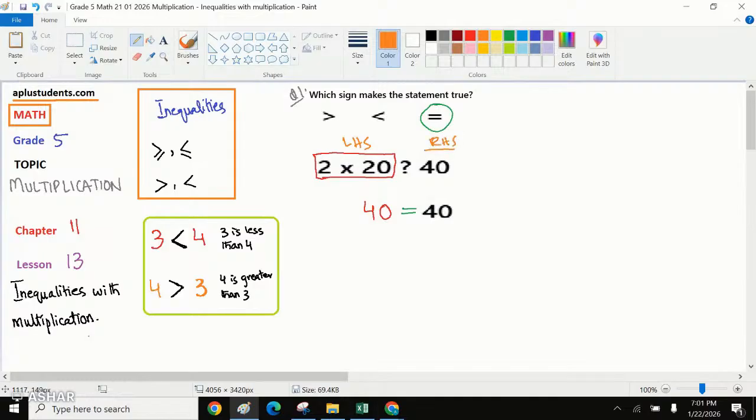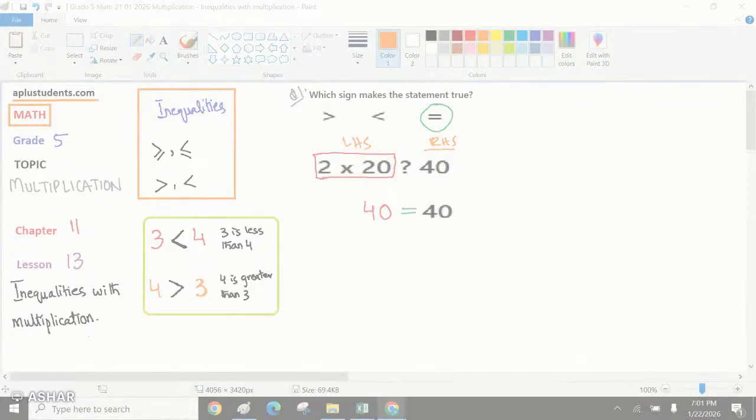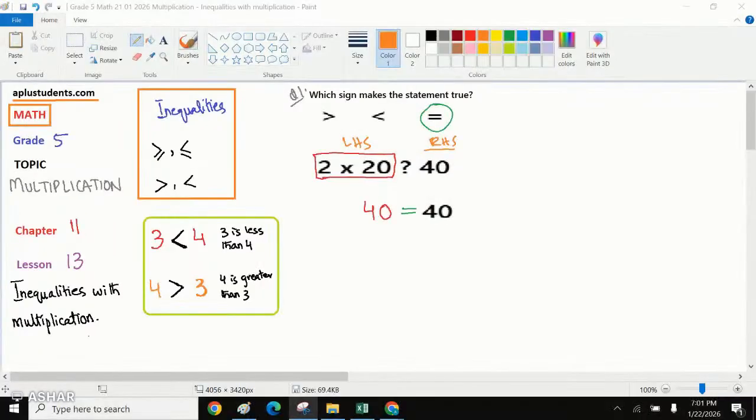So we just need to check whether the left hand side value is greater, or the right hand side value is greater, or both values are equal, right? You simply need to put the sign into the statement. Okay. Do we agree, Rebecca? Do we have an agreement on this, that this is fine?